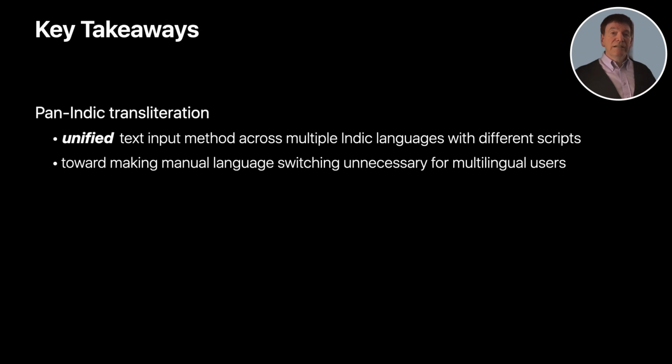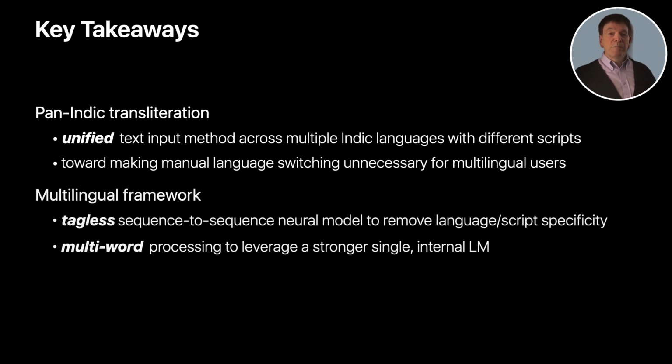To summarize the key takeaways, we looked into Pan-Indic transliteration with the goal of unifying text input across multiple Indic languages with different scripts. The main motivation was to obviate manual switching between monolingual keyboards. We proposed a multilingual framework which is tagless and multi-word to both exploit similarities and resolve ambiguities across languages.